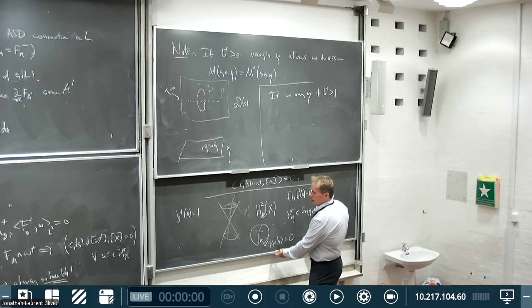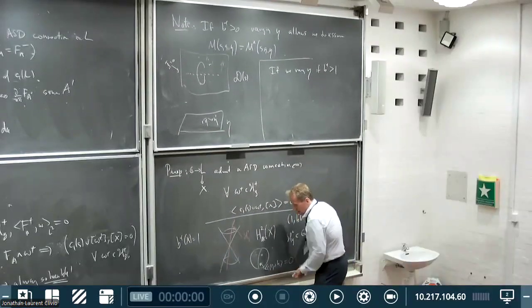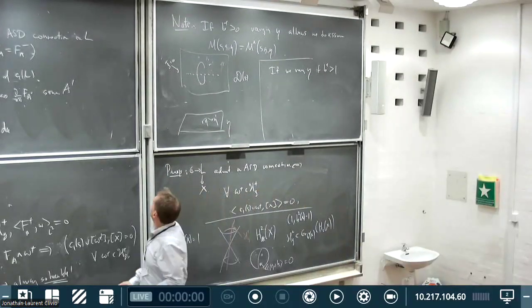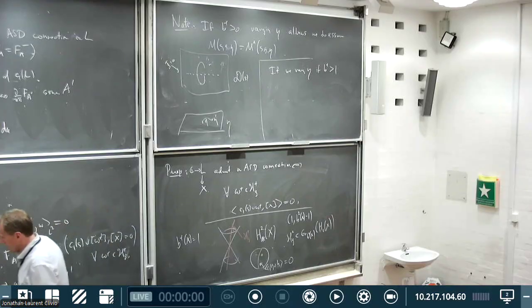Just to tie all this together a little more. Sorry, before we erase that, I was a bit confused. If the derivative of Seiberg-Witten is restricted, don't you also get the derivative of... Sorry, what do you mean?